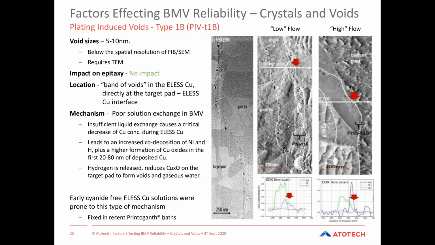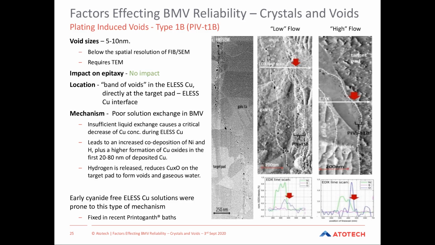The first one is if there is a very low level of solution exchange in the microvia. At that point, you're not replenishing the chemistry sufficiently fast to maintain a good copper concentration. So the tiny volume of liquid in the microvia while plating is essentially becoming depleted of copper. Because of this, the bath at that tiny volume isn't depositing correctly.